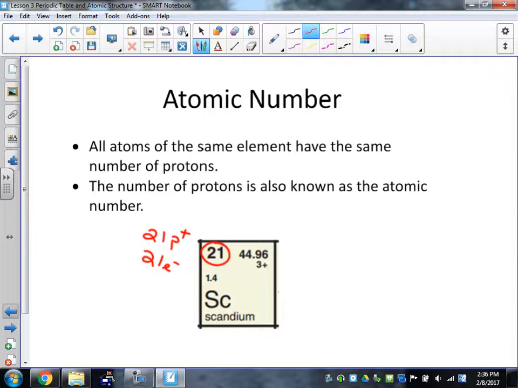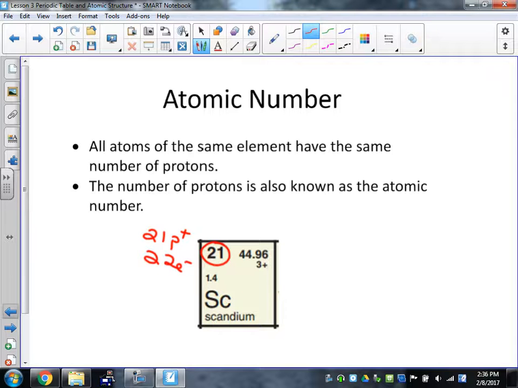It wouldn't happen with scandium because scandium's a metal, but look at the difference, guys. Do the math, it's simple. 21 positives, if I got 22 negatives, that's overall a -1, yes? So if it's got a negative charge, it would have more electrons.